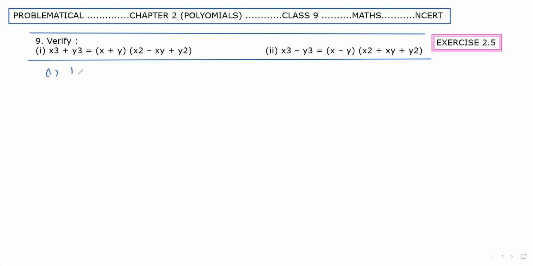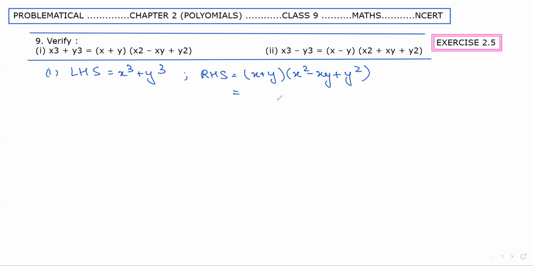In your first question, your LHS is equal to x cubed plus y cubed. Your RHS is equal to (x plus y) into (x square minus xy plus y square). So, the first approach that you can take is solve RHS and come up with LHS.